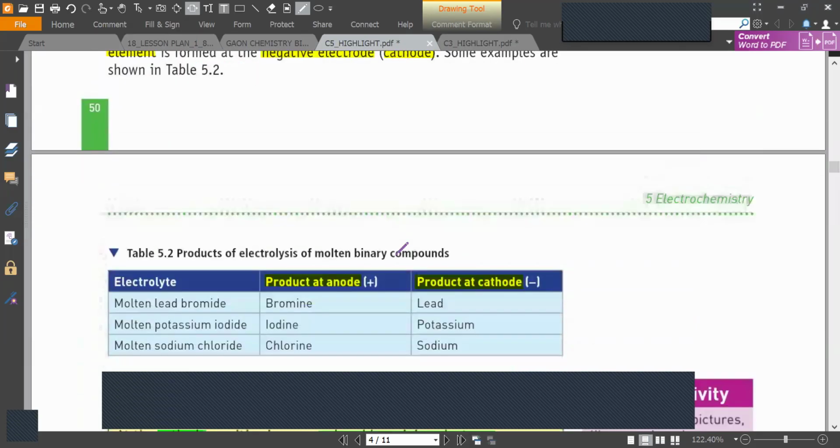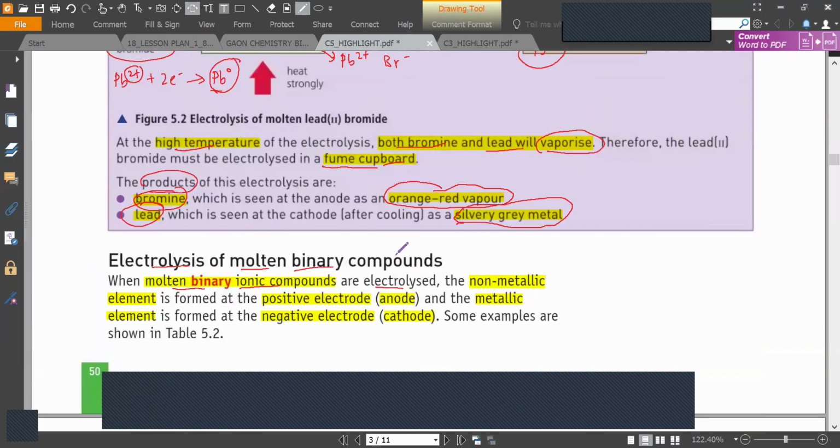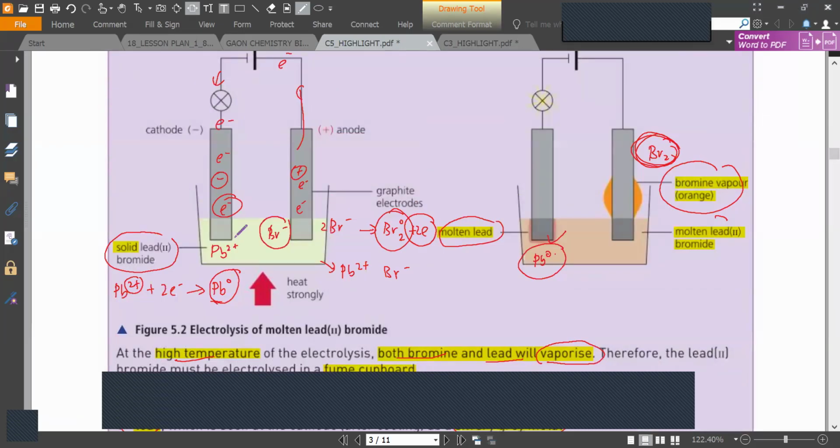The non-metallic element will form at the positive electrode, the anode, and the metallic element will form at the negative electrode, the cathode. Always. The metal will always form at the cathode, and the non-metal will always form at the anode. We need to remember that.